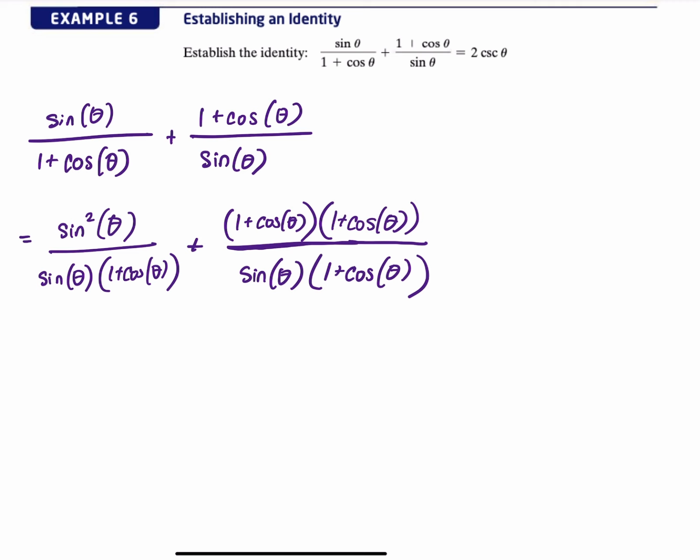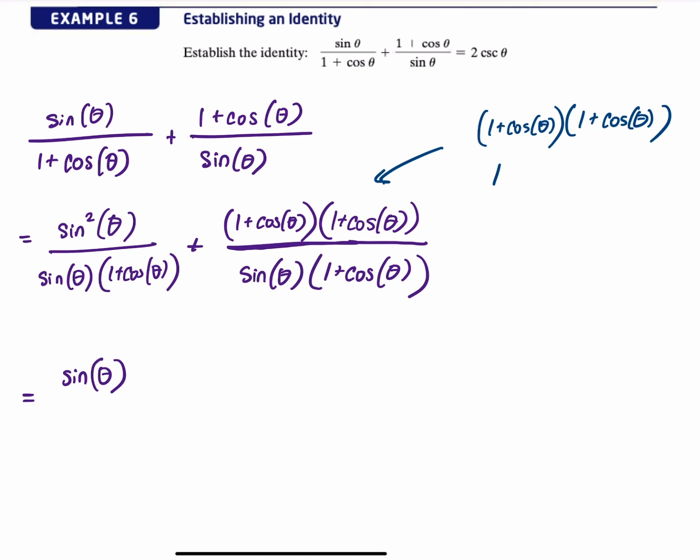So let's write this together with our common denominator. So we'll have the sine of theta, and then let's go ahead and multiply that out. Maybe it's worth doing it on the side. We have 1 plus cosine of theta times 1 plus cosine of theta. Let's FOIL that out.